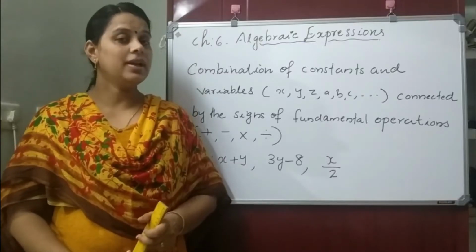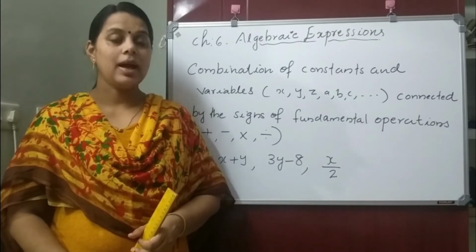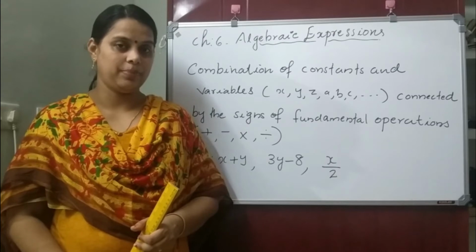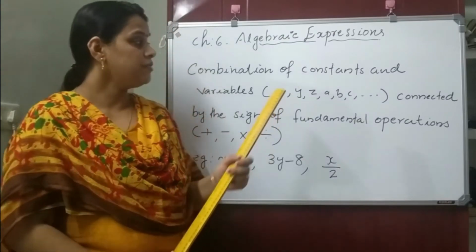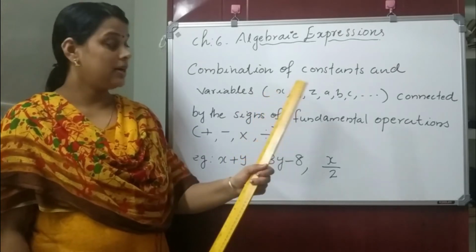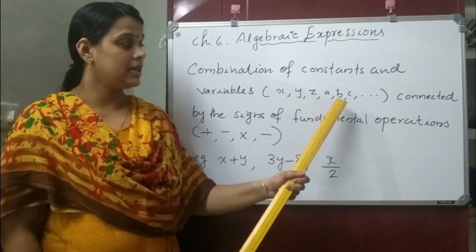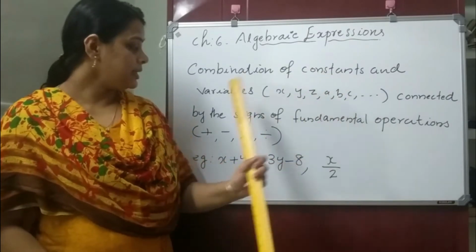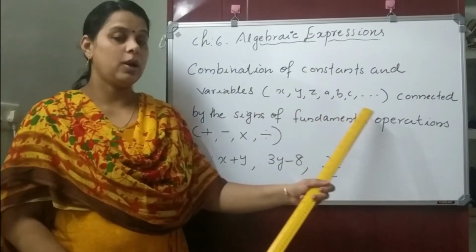We have already learned in class 6 about algebraic expressions. What is an algebraic expression? It's a combination of constants and variables, that is x, y, z, a, b, c, p, q, r, any letters, connected by the signs of fundamental operations.